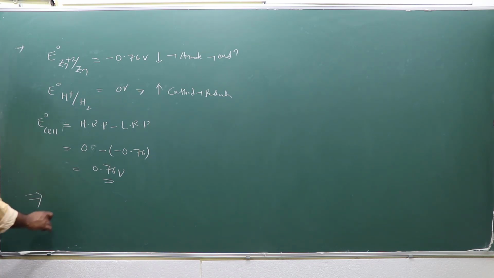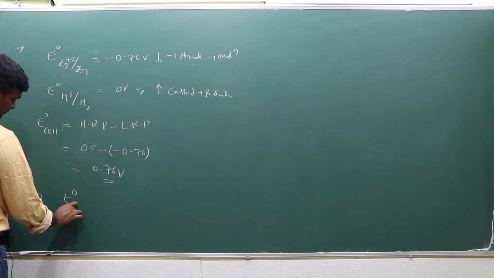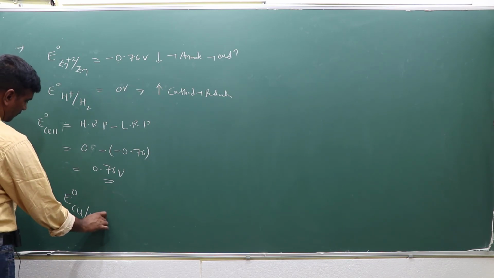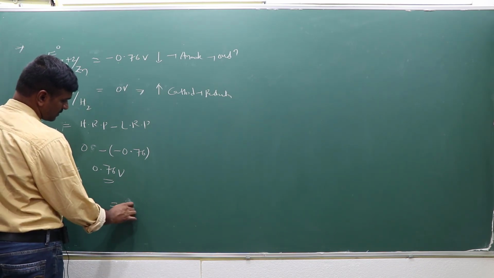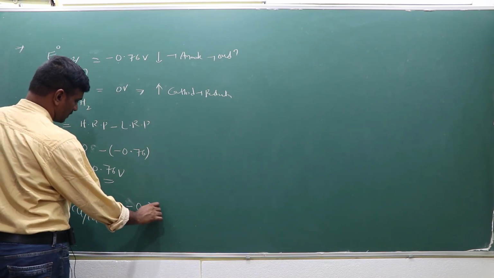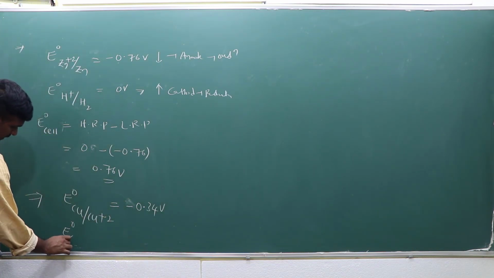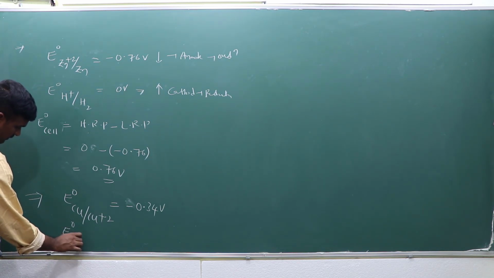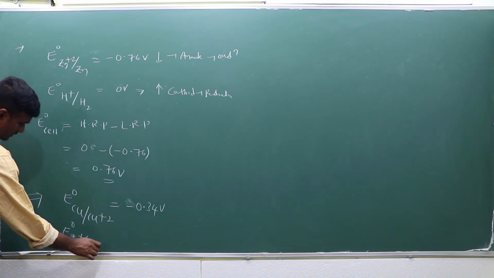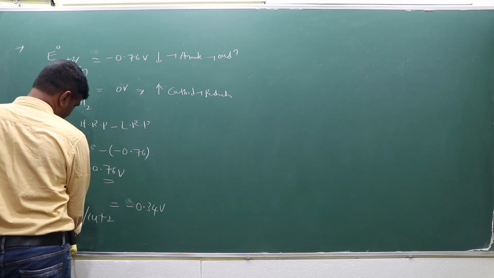Suppose another one: E0 of Cu2+ to Cu is minus 0.34 volts, and E0 of Ag+ to Ag, or Fe2+ to Fe, any one you can take, is given.